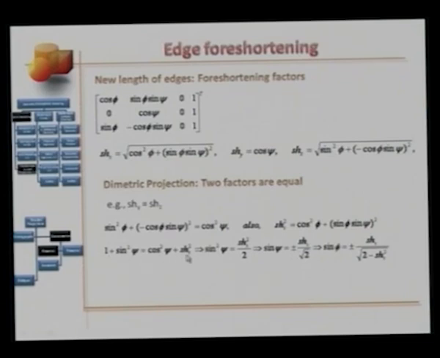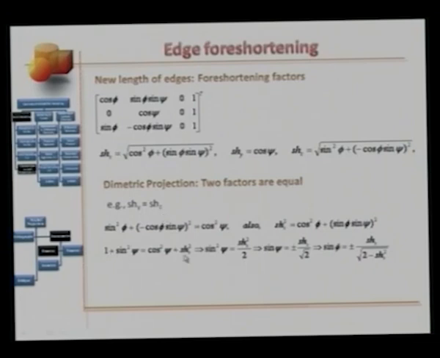This equation is expressed in terms of a free foreshortening factor, sh sub x. Remember that we made the foreshortening factors sh sub y equal to sh sub z.